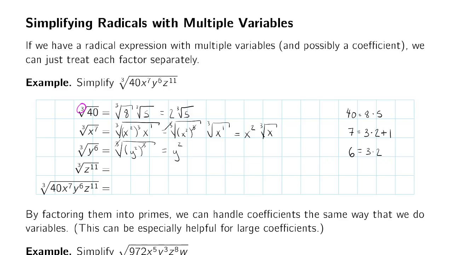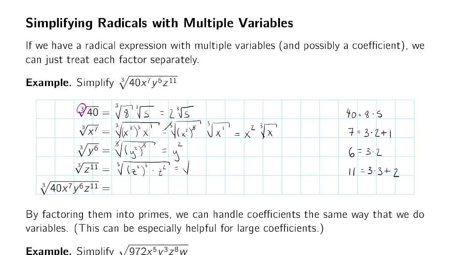Third root of z to the 11th. Let's see, 3 times 2 is 6, 3 times 3 is 9, 3 times 4 is 12, that's too big. So 3 times 3 is the biggest multiple of 3 that's less than 11. That's 9, and then 11 is 9 plus 2. We'll have the third root of z to the third times z to the second.